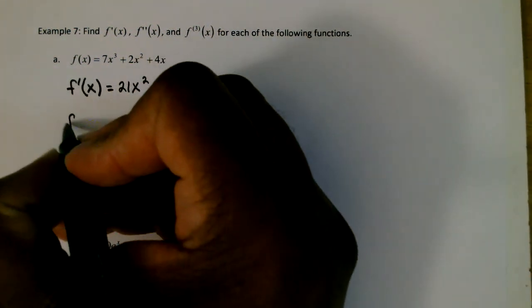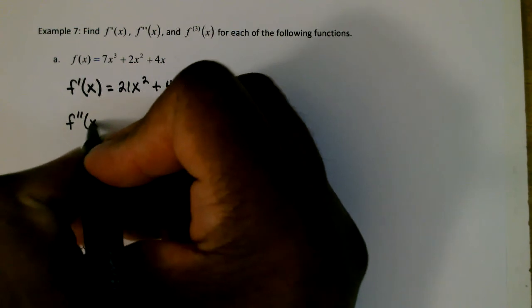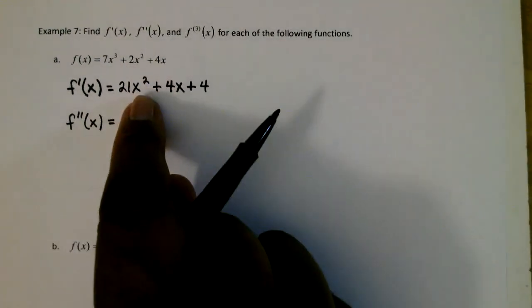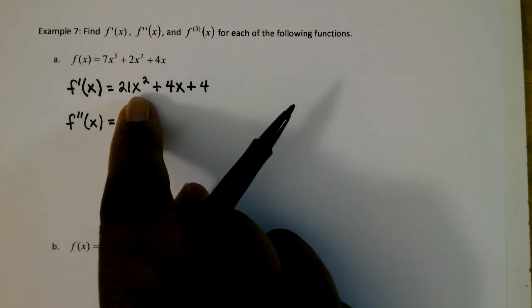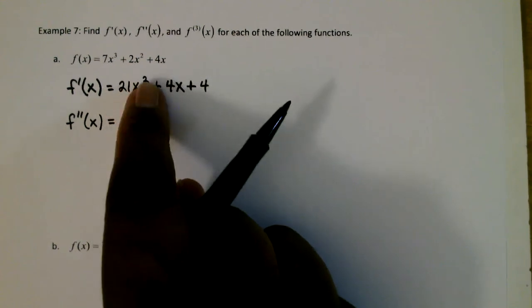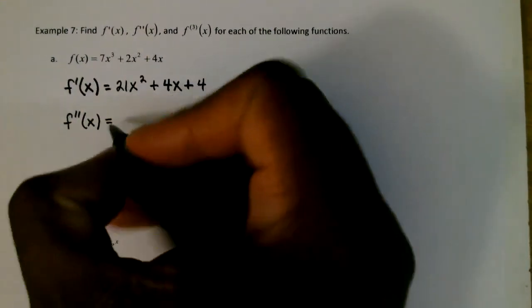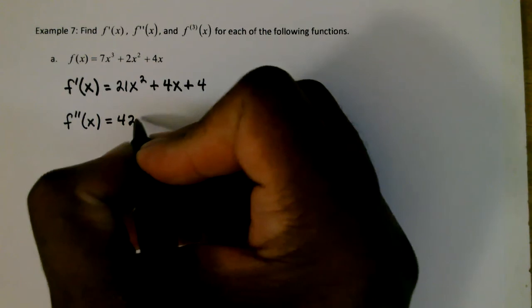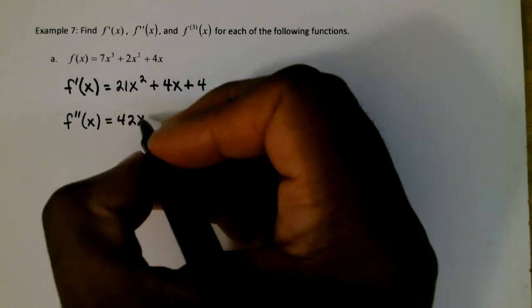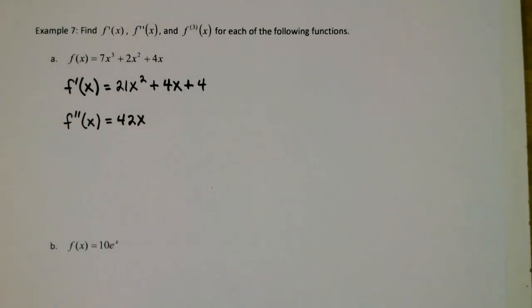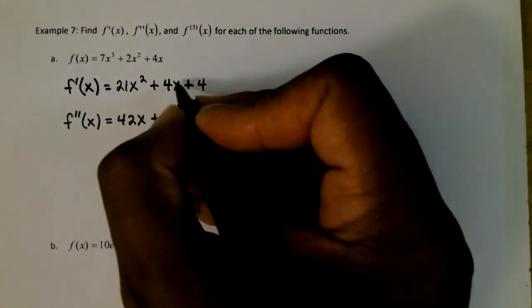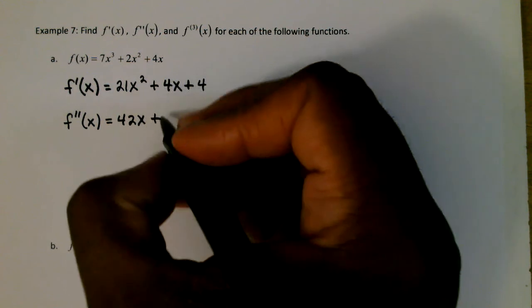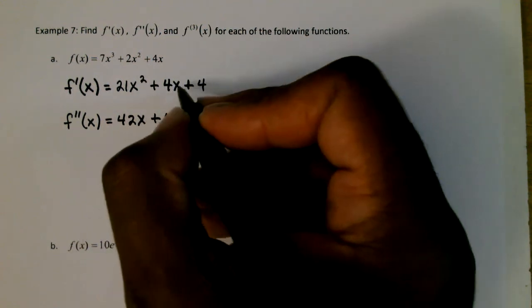Now we're going to find f double prime of x. We're going to take the derivative of the first derivative. So here for 21x squared, bring the 2 down, multiply that 2 times the 21 will be 42. Copy the x over to the 2 minus 1, which will be 1, so it'll be 42x, plus, this is 4x to the 1, so it'll just be 4.